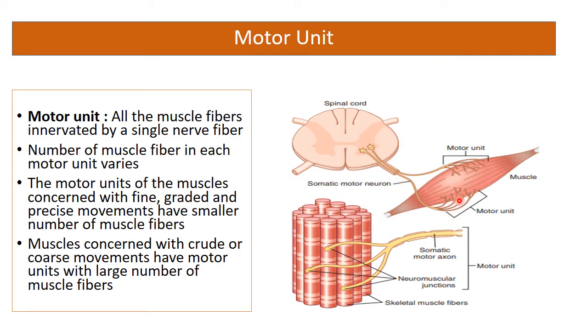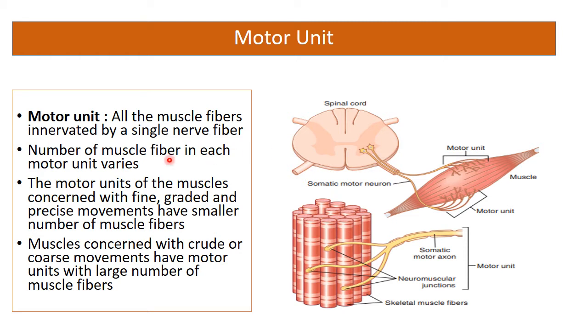These are the axon terminals. And the muscle fibers are innervated by it. So this motor neuron, its terminal and the muscle fibers innervated by it all together make a motor unit.